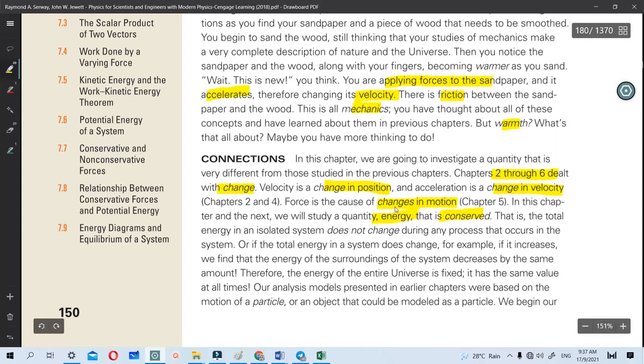Since you have seen this in high school, perhaps it's okay to introduce it now. Energy does not change in total, but what does change is the shape. The total amount remains the same.